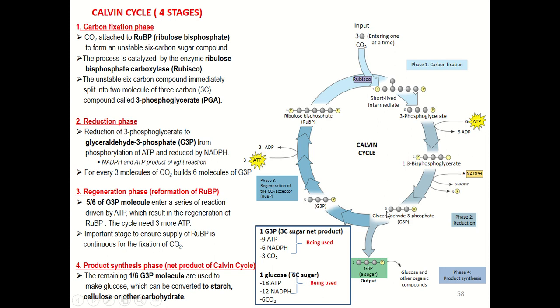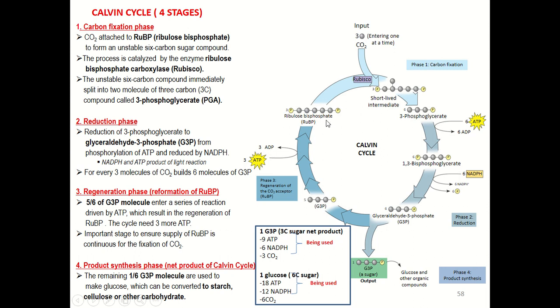And then next, 5 out of 6 molecules of glyceraldehyde 3-phosphate will enter a series driven by ATP, in which it will receive phosphate groups from the phosphorylation of ATP, and it will be rearranged to form ribulose biphosphate. And this cycle needs 3 more ATP.